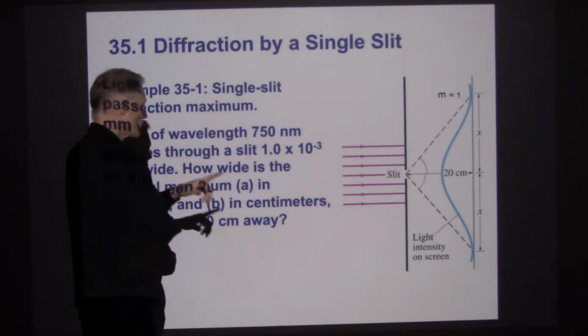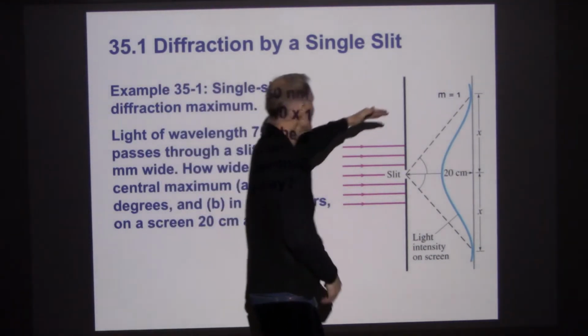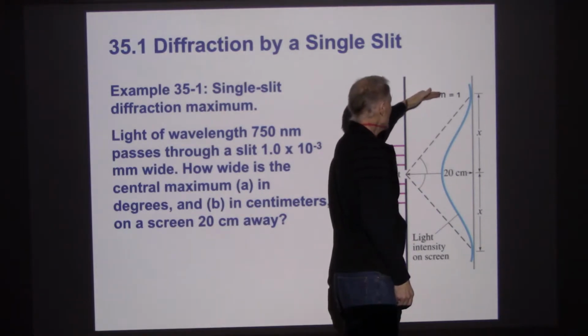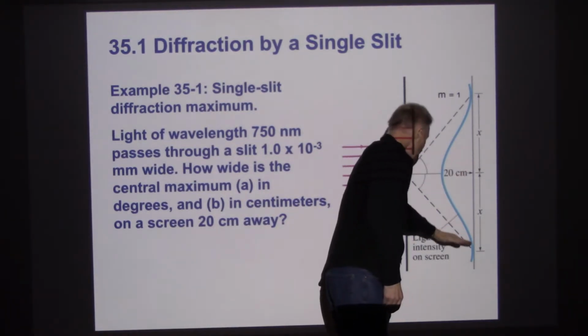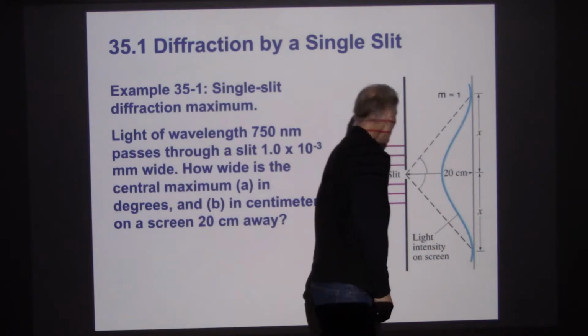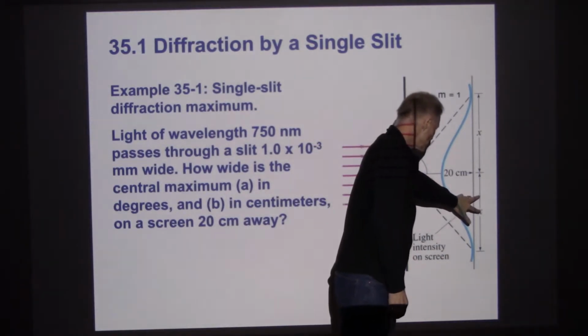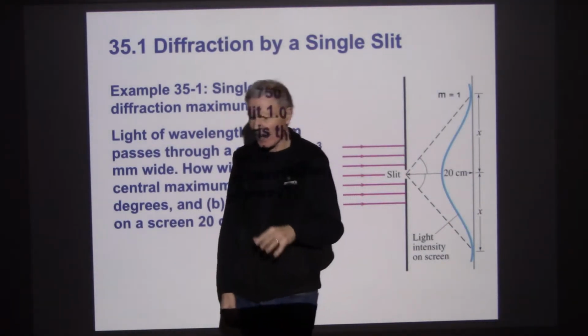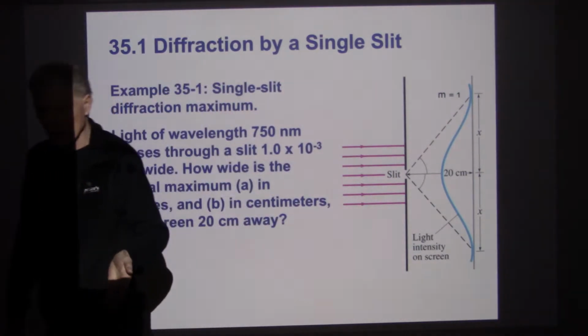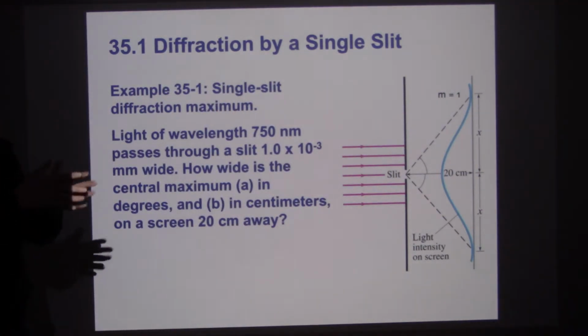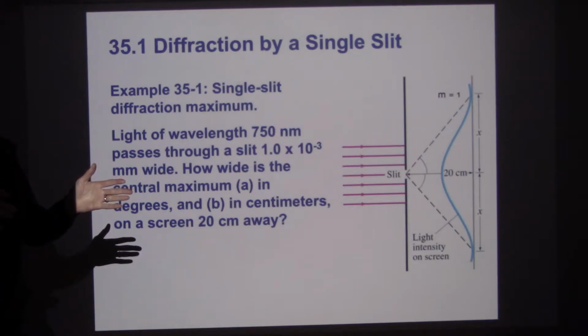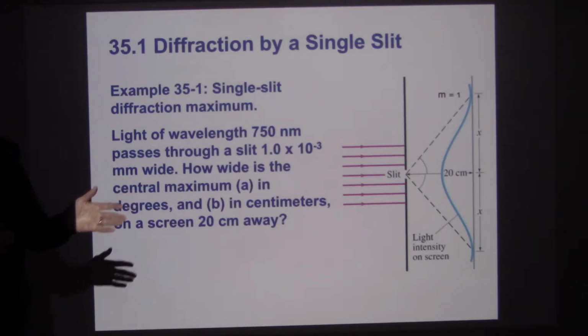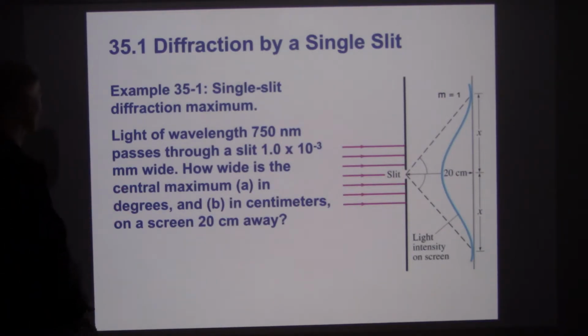Now, what they're suggesting to us here is the m equals 1. Here is m equals 0. Here is m equals 1 on the other side. They want us to go in and calculate x. They want us to calculate a distance on the screen as to how wide that interference pattern is.